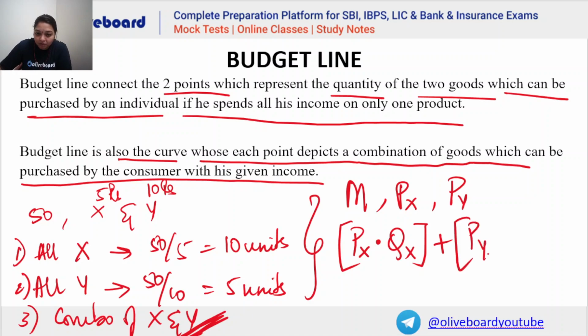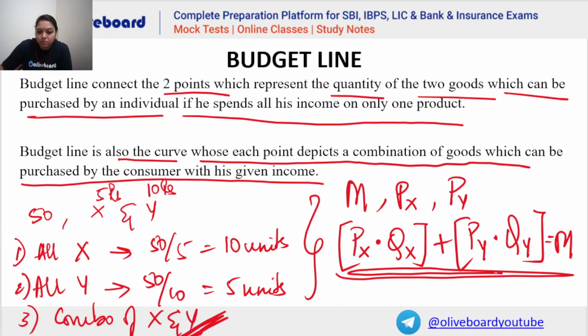Plus PY into QY, where QY is the quantity of commodity Y purchased, will give you the amount of money spent on commodity Y. This should always equal your budget. It should not be more or less than your budget. So this is your budget equation.